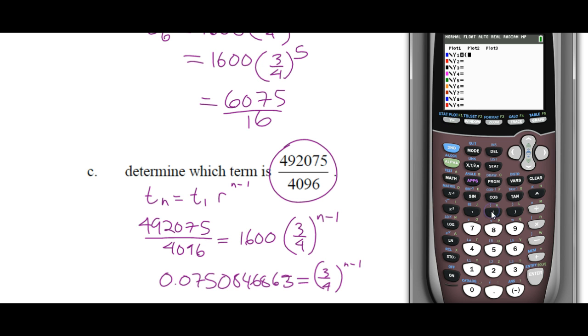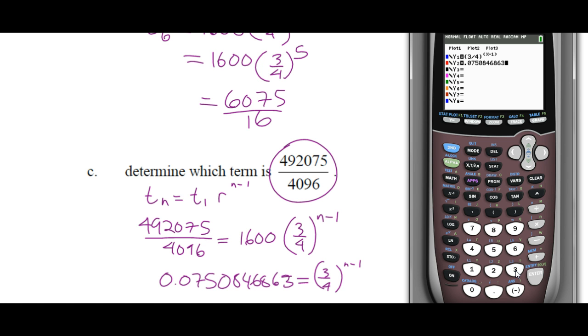Okay, so Y1, we'll go 3/4 to the power of x minus 1, right? Because that's what we need. 3/4 to the n minus 1 is equal to this value, 0.075084686. I kind of wish I could just bring that in somehow.